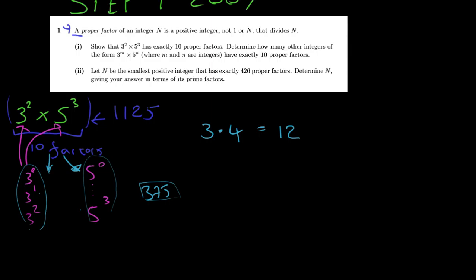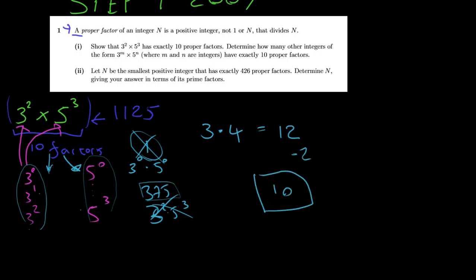Now, of course, 2 of them we have to discard, because one of them is 1, that's the 3 to the 0 times 5 to the 0. That's 1, so we discard that. Then we have 3 squared times 5 cubed, which turns out to be itself, so again, we discard that. So it's 12, then we take away 2, and we're left with, indeed, 10 proper factors.